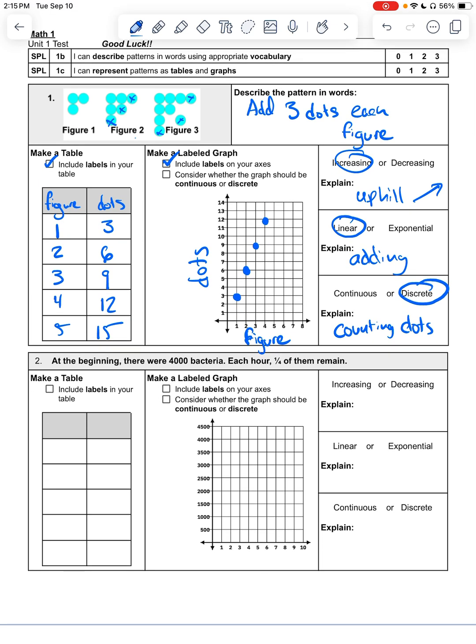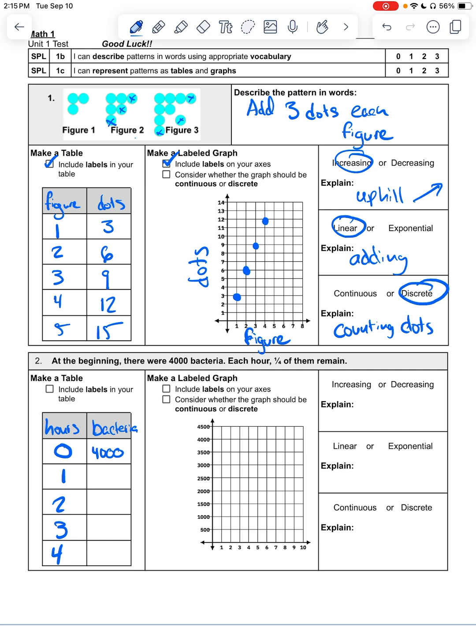The second one, we're dealing with bacteria and hours. So I'm going to put hours on the left and bacteria on the right. Okay. It says at the beginning. At the beginning is 0 hours. And then each hour, so it's going to go up by 1. At the beginning, there were 4,000 bacteria. Each hour, 1/4 of them remain.